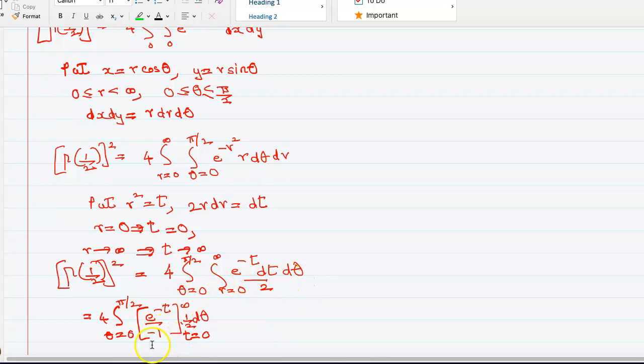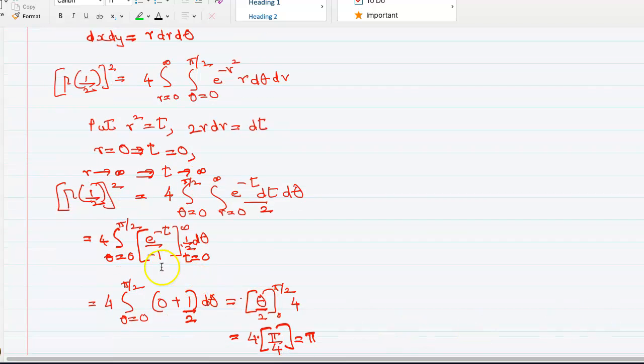And now when you integrate, you get 4 times integral theta going from 0 to pi by 2, e raised to minus t. Actually, the 4 cancels with the 2 here, and you get e raised to minus t by minus 1 within the limits t equal to 0 to infinity.